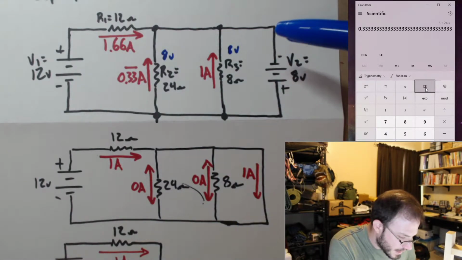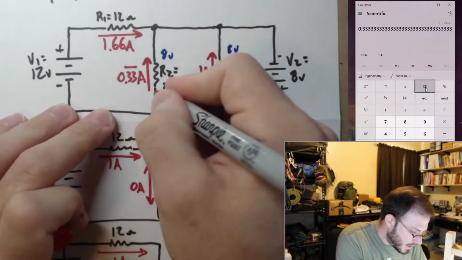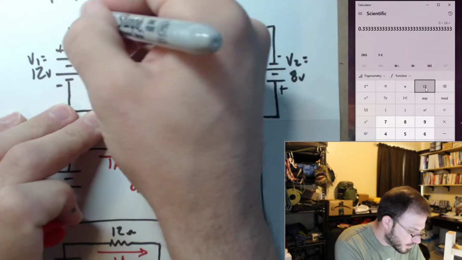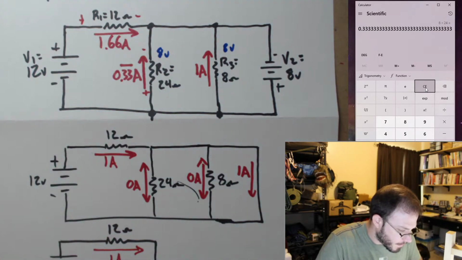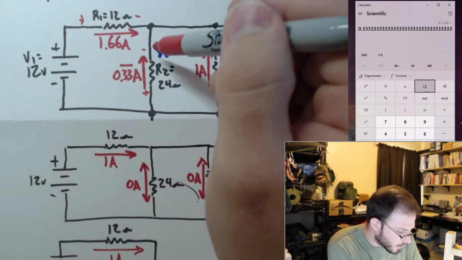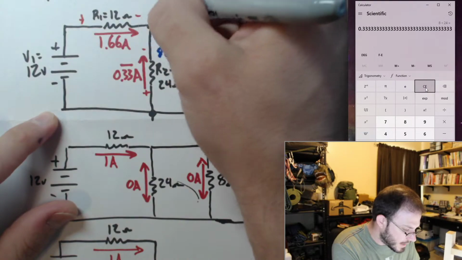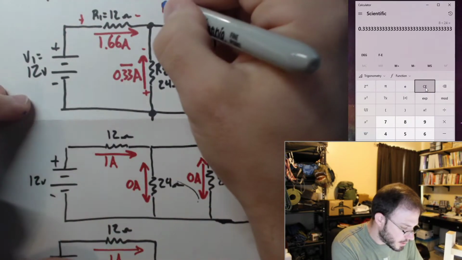Actually, no, wait, is the polarity... I should actually look at this, because it goes from a higher voltage to a lower voltage. So if you do the KVL loop over here, I get 12 volts plus, let me do it in blue.